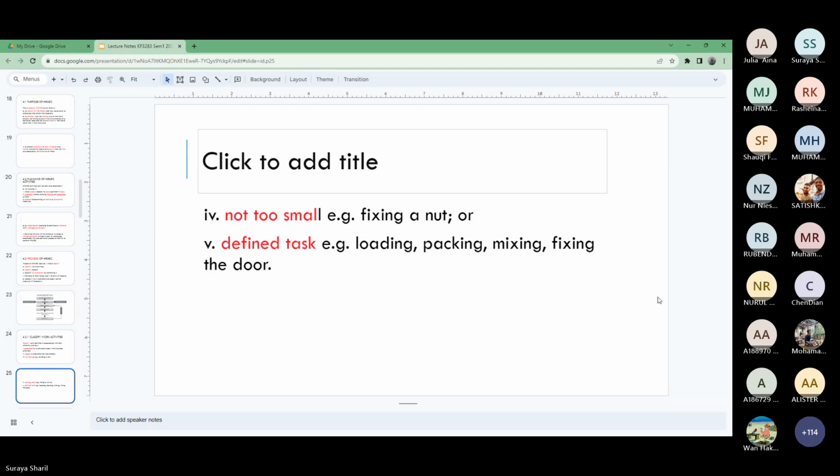From there, then we can look into the hazard and risk, and also the implementation of all the working activities.